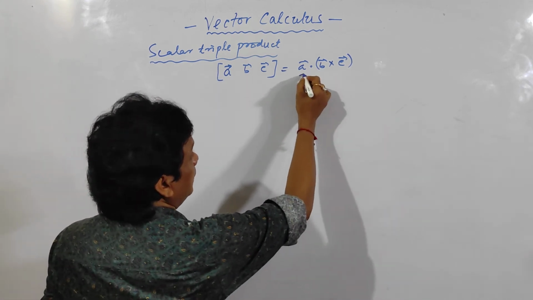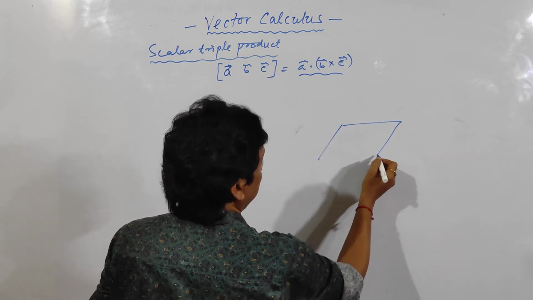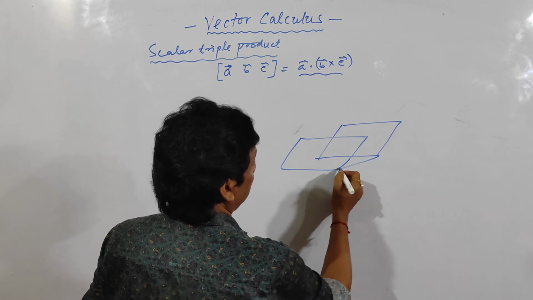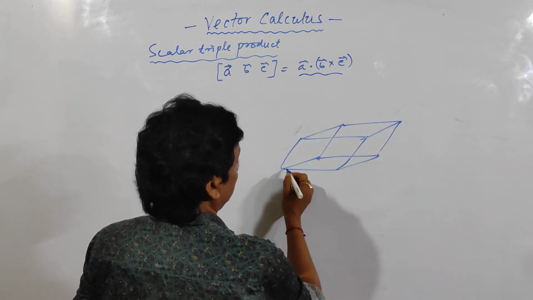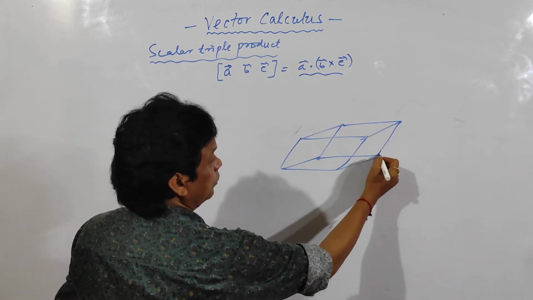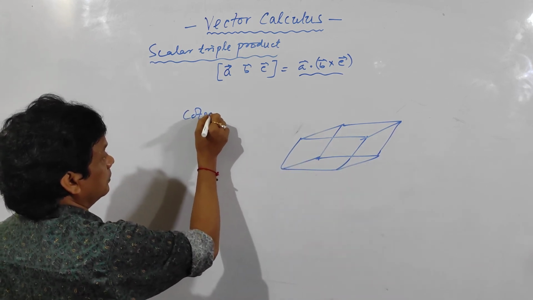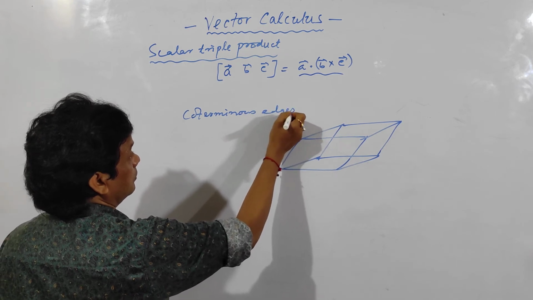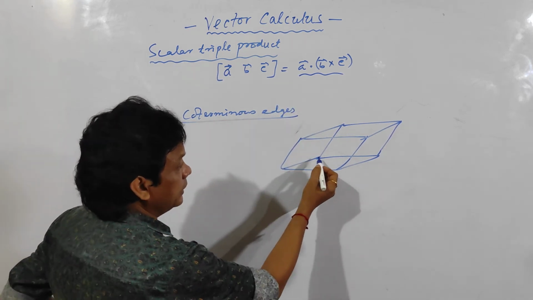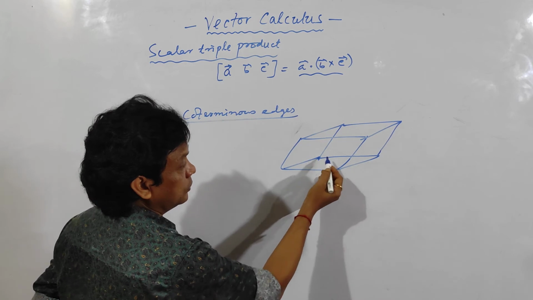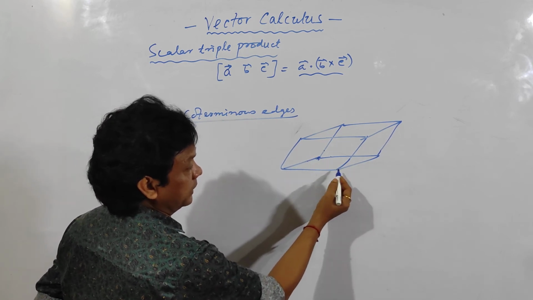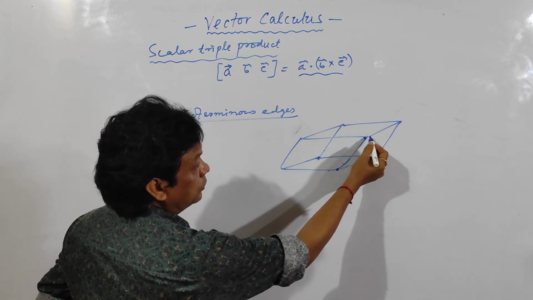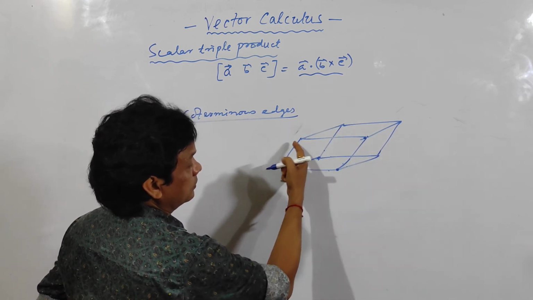And what is the meaning of this one? See here, the meaning of this one is, this is a parallelepiped. And what is the meaning of coterminous edges? Coterminous edges means if you take any vertex, 3 edges are connected to this vertex. If you take this vertex, there are 3 edges connected to this vertex. Here also, to each vertex there are 3 edges.